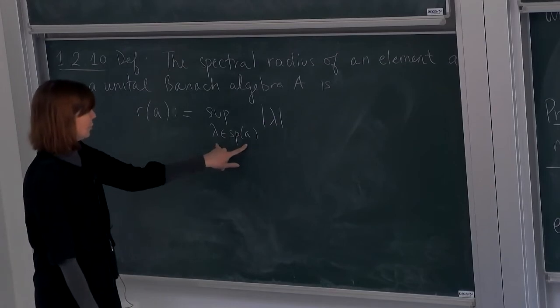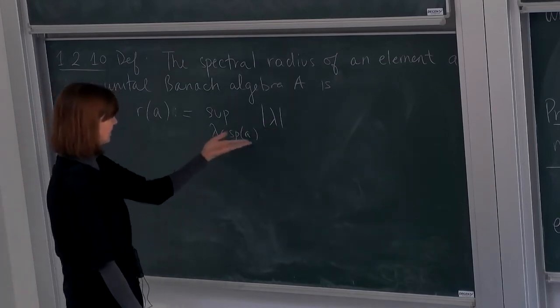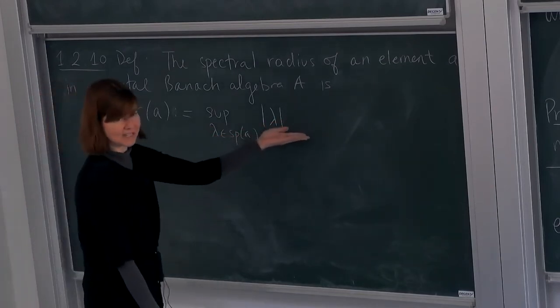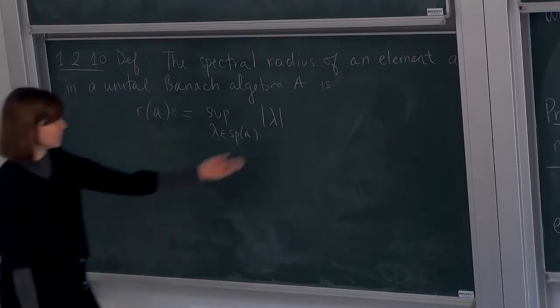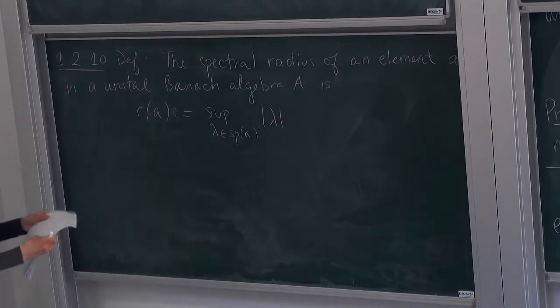Okay, so we already know that this has a supremum because we know that we're at least bounded by the norm of A itself. So it makes sense.